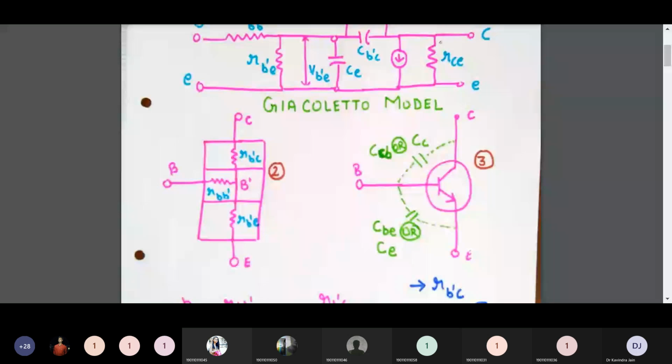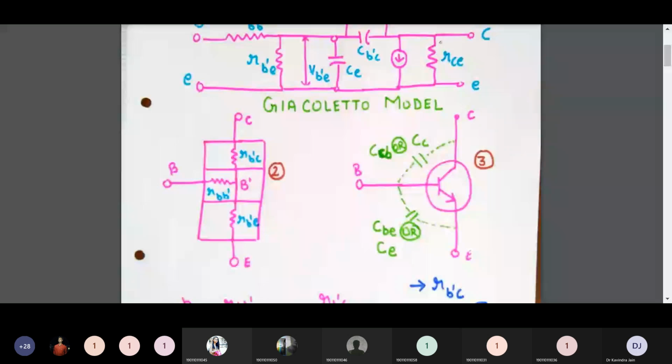This effect of the forward biased BE junction is referred to as C B-dash-E or CE?